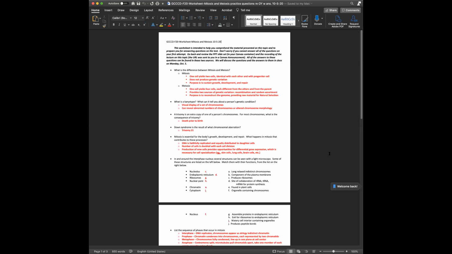So remember that every cell has exactly the same genes, but they're not all expressed at the same time. In most stages of development, only a few genes are being actively expressed.